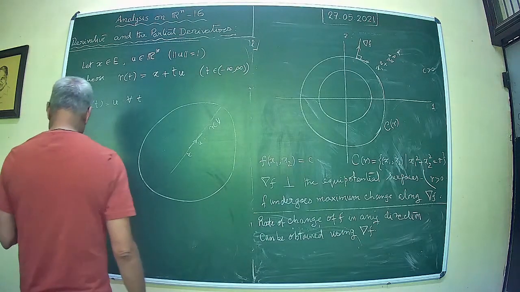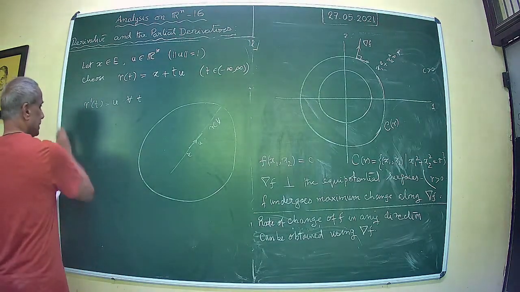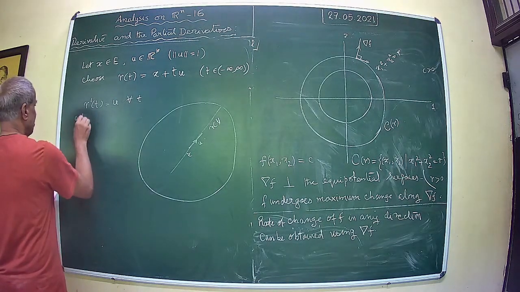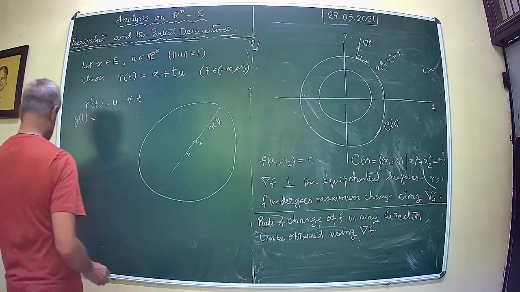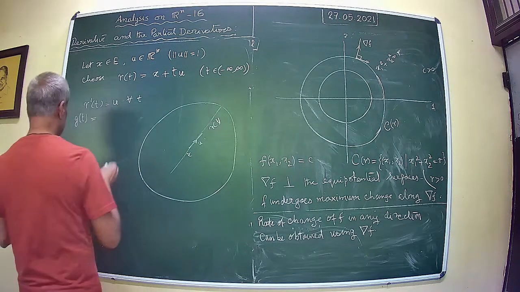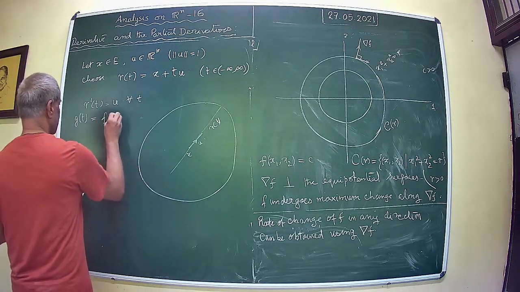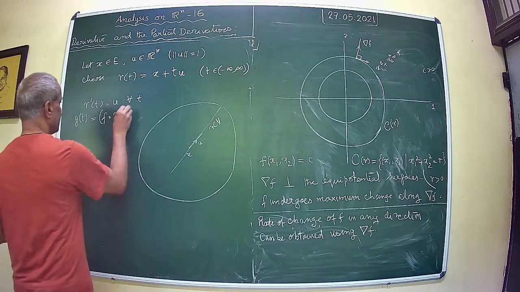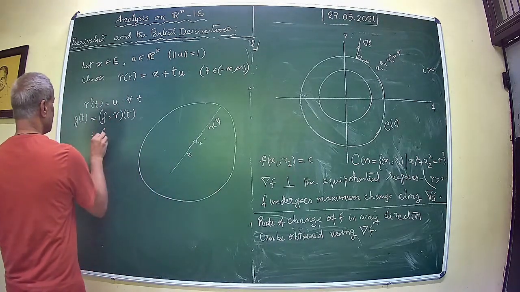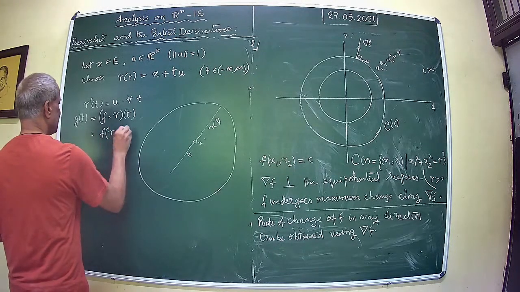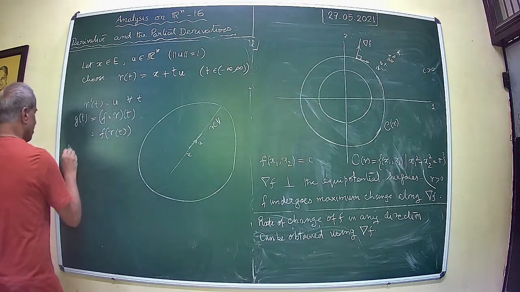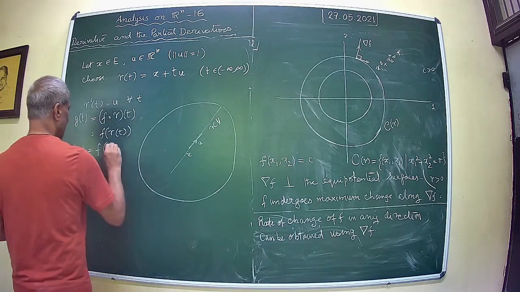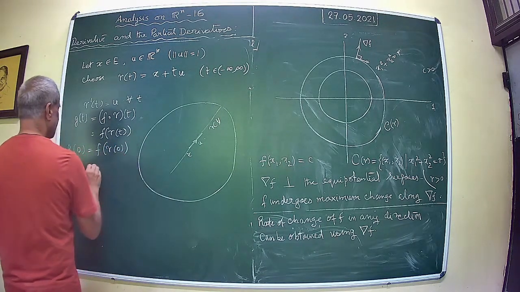Then you have G of t, which you define as f of gamma t. Then G of 0 is equal to f of gamma 0, which is f of x.